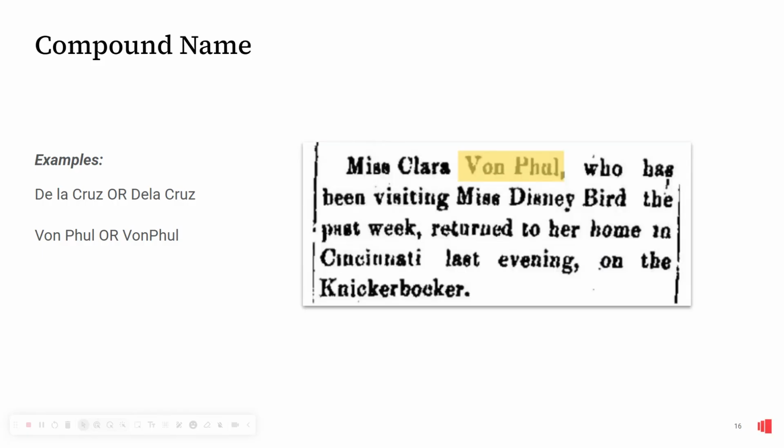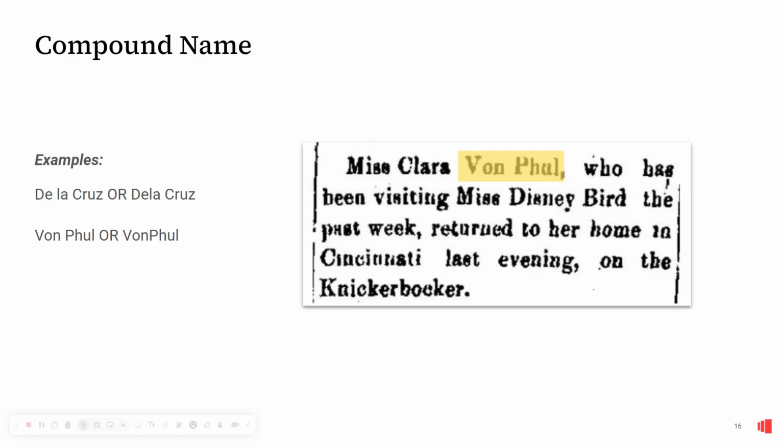A compound name. This is another example of an ancestor of mine. I've got some examples over here, just different variations of how you might find a compound name. So Von Poel is a surname in my family line, and I have seen this.